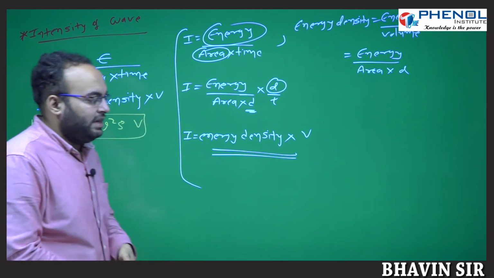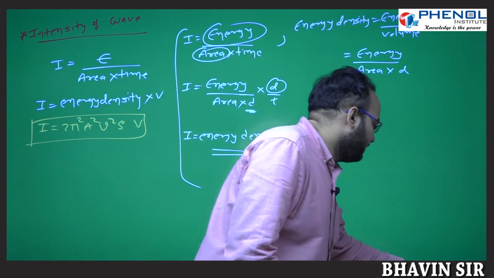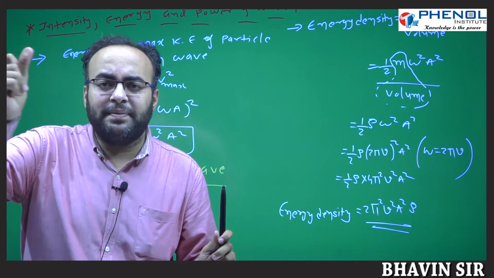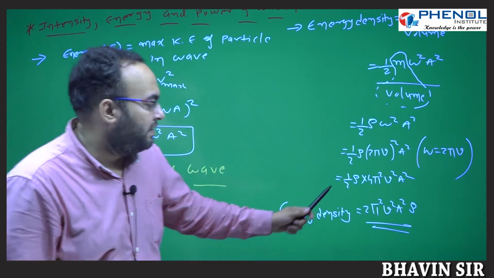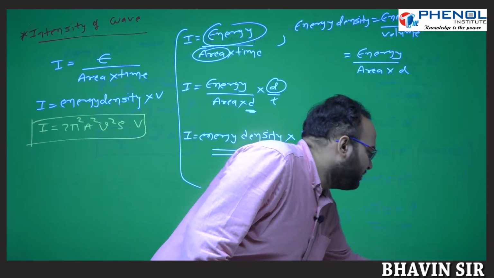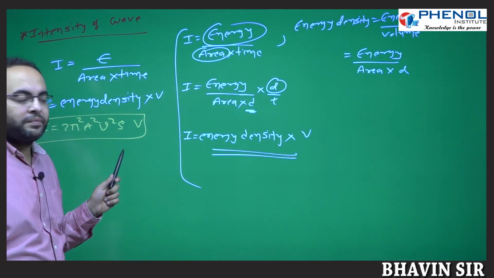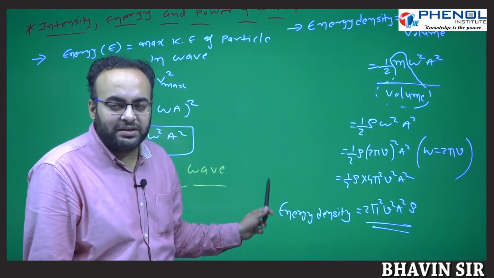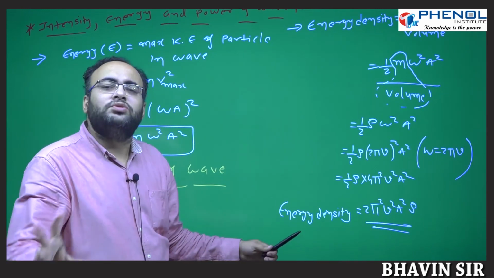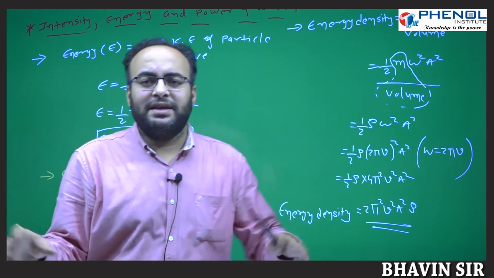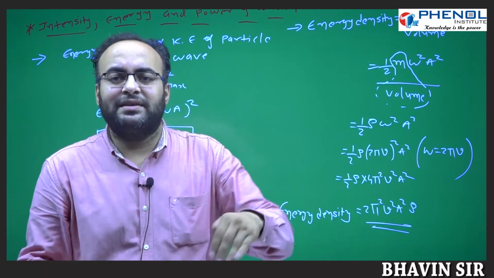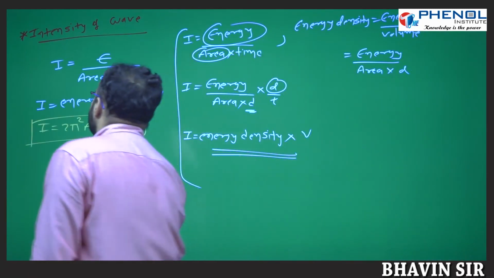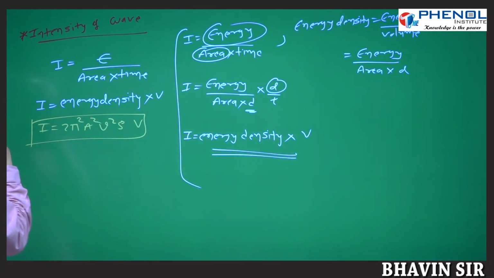So students, if you remember energy density, how to find intensity of wave? Simple, multiply by speed of wave. And if we want to find energy from energy density, then divide by volume, because energy density is energy by volume. So we get energy. So remember, from energy density we can get energy and intensity also. Okay, so simple relation, intensity means energy density into v.